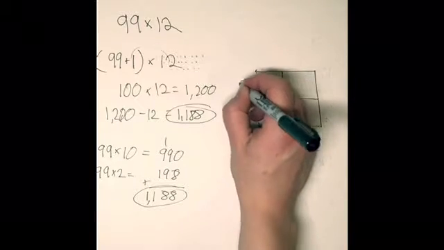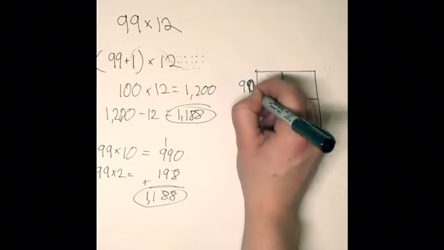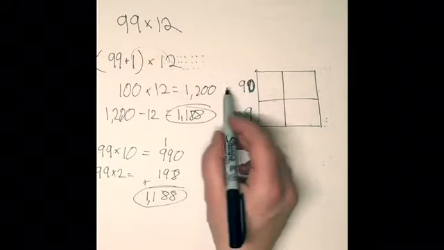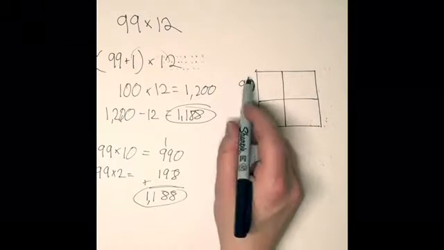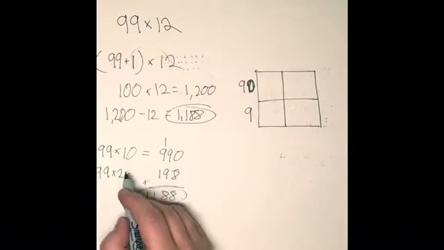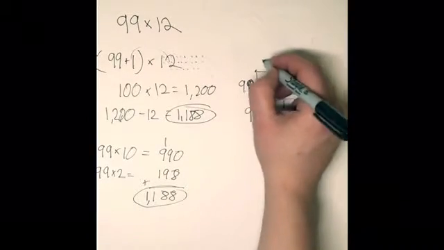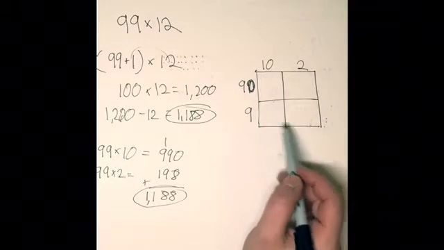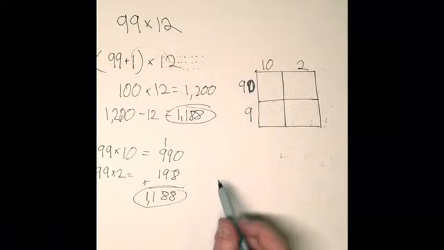So the 90 from 99 would go there, and the 9 from 99 would go here. So here we have our 10s, we have 9 10s, and here we have our 1s. And then for 10 and 2 to make 12, we have our 10 and our 2, and the students can see that these are much easier to do separately than all together.